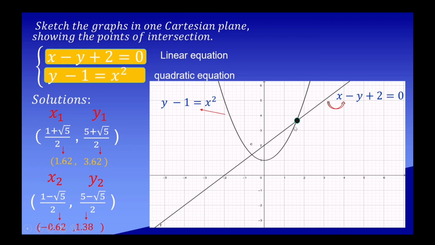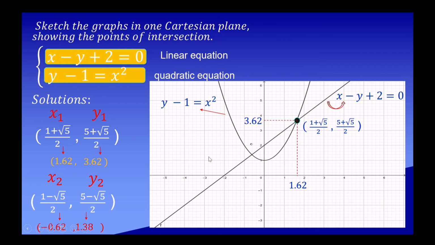We have here the points of intersection after solving the system of nonlinear equations. So we have x sub 1, 1 plus square root of 5 over 2, equivalent to 1.62, and y sub 1, 5 plus square root of 5 over 2, along the y-axis, that is 3.62.